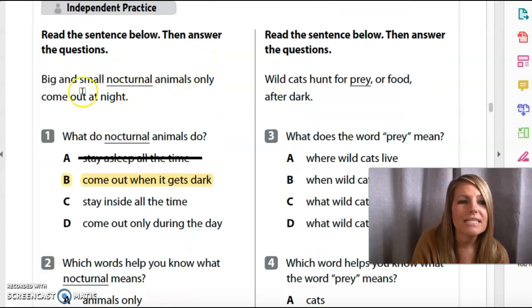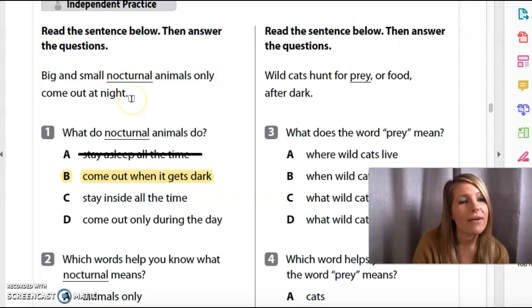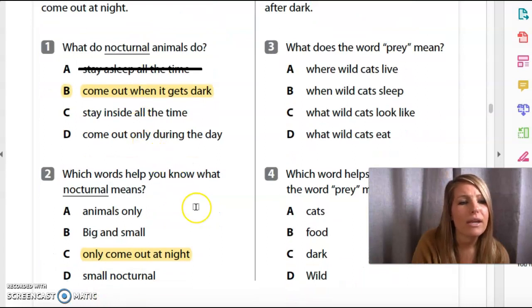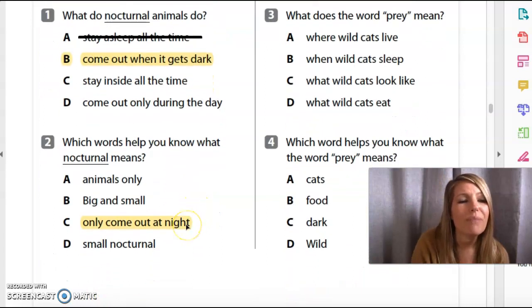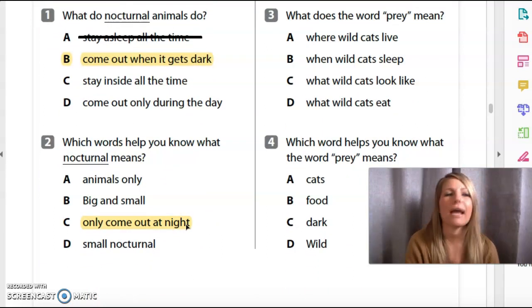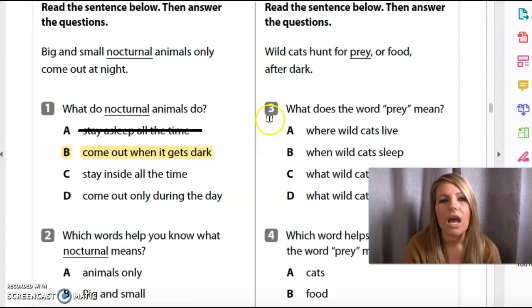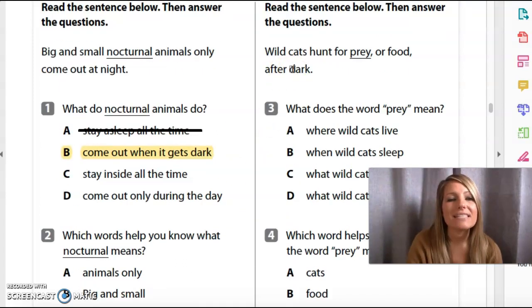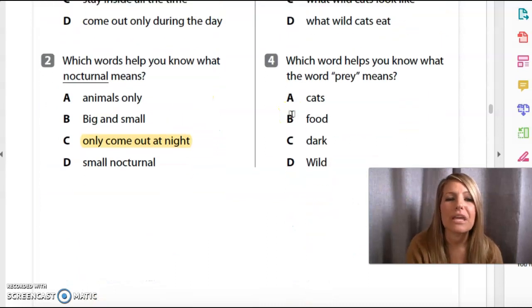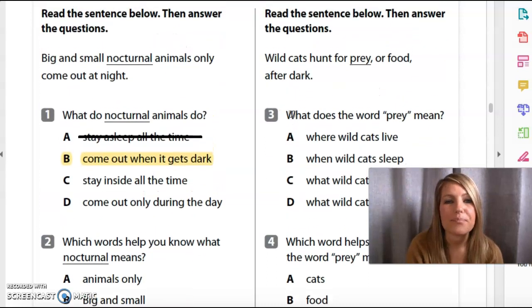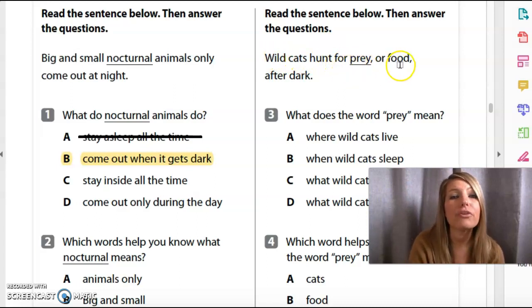When we were reading the sentence, big and small nocturnal animals only come out at night, we can guess that if they're coming out at night, they come out when it gets dark. That was our big clue that they only come out at night. I'm going to read the last sentence for you and you're going to do 3 and 4 independently. Wildcats hunt for prey or food after dark.